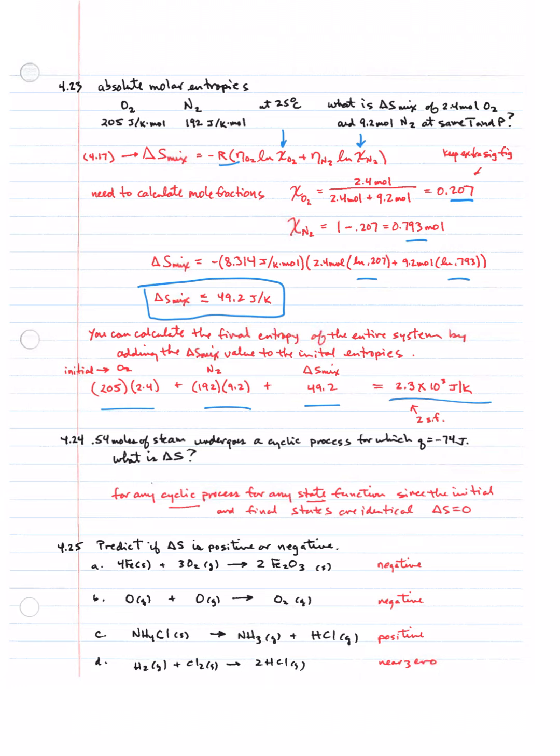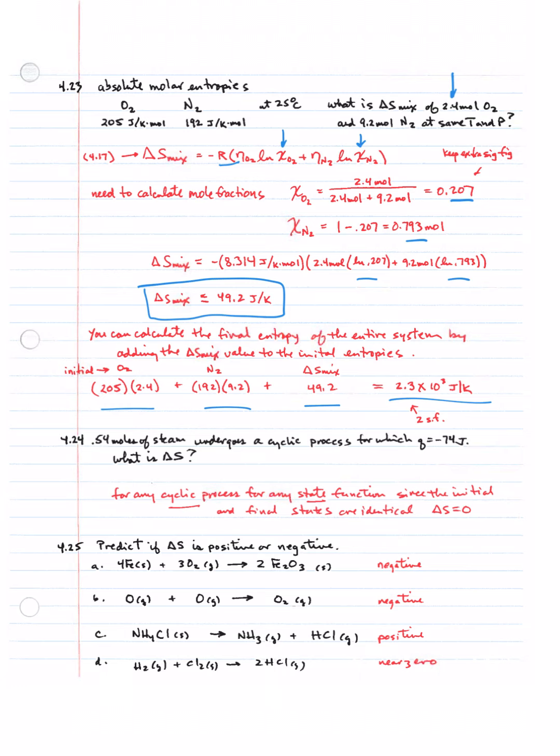I rounded this to 2 sig figs ultimately, mostly because of what the initial numbers of moles were. Nothing to get too upset about, but I noticed that in this section, the answer key was attentive to sig figs, so I'll do my best for that here. And that's what I got, 2.3 times 10 to the third joules per kilogram.